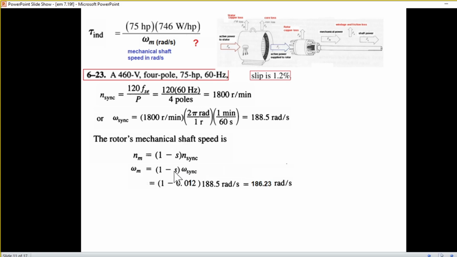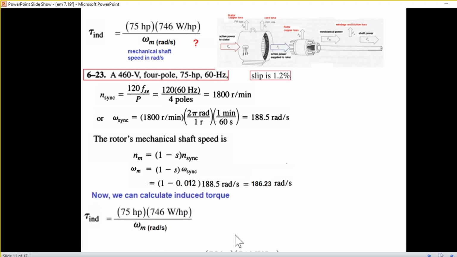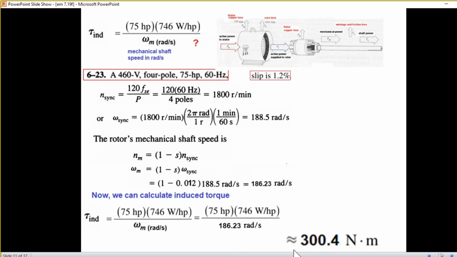We know the value of s, which is 1.2%, that is 0.012. Omega sync we have calculated 188.5. Therefore, the mechanical speed in radians per second is 186.23. So now we can plug it in here to find induced torque. So T induced is approximately 300.4 Newton meter.